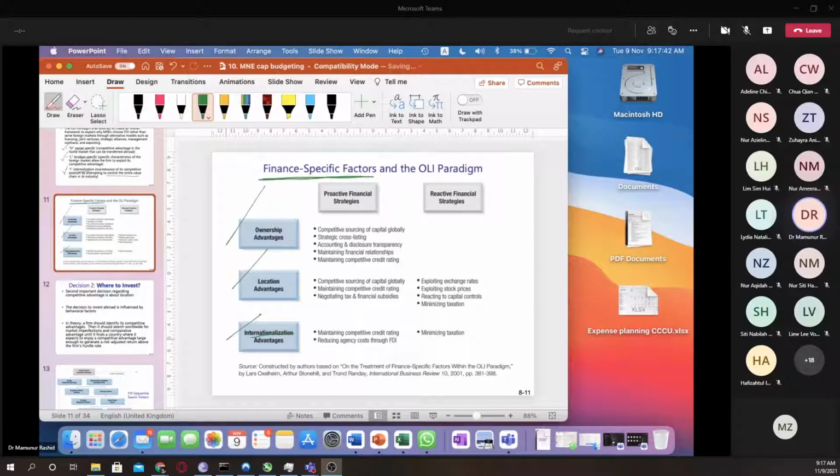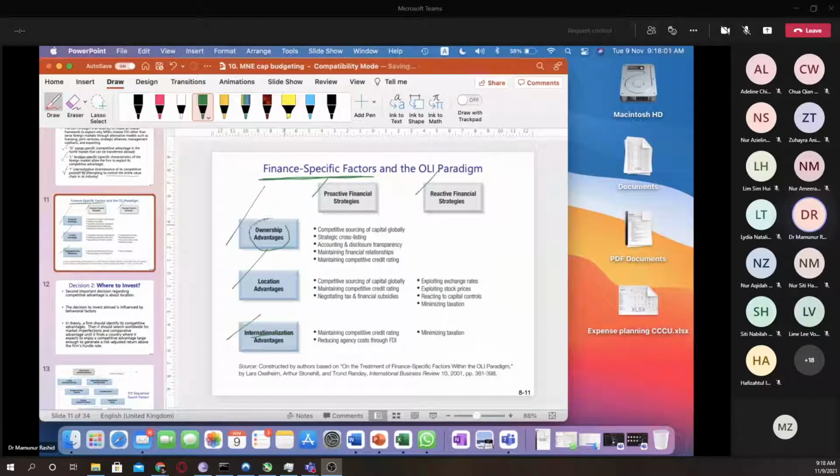So this is a typo made by the book anyway. So internalization, location specific, ownership specific. You can look into what can be a proactive financial strategy for the company, what can be a reactive financial strategy for the company.